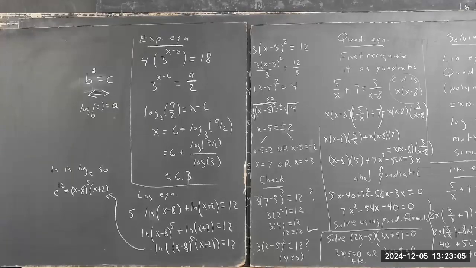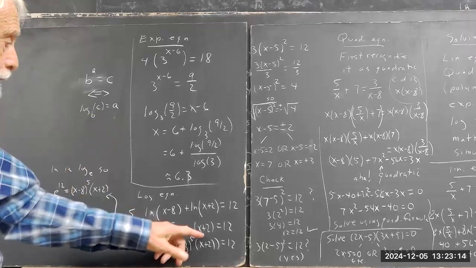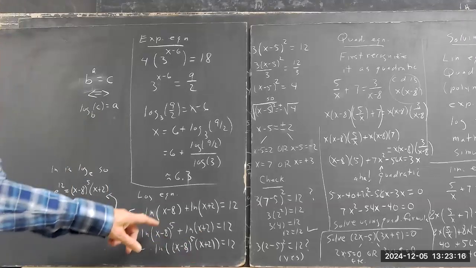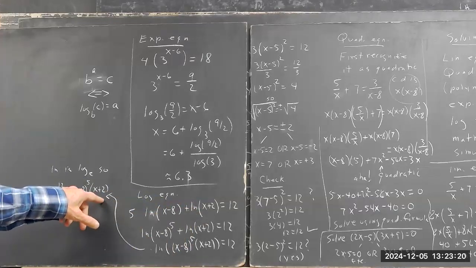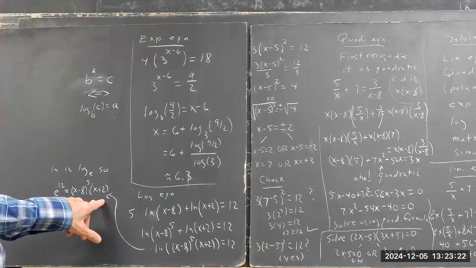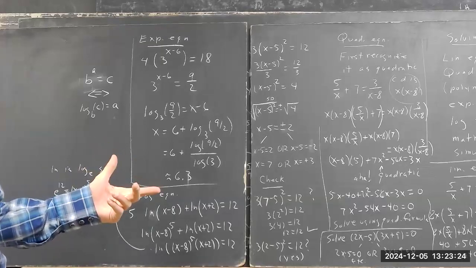Now this is a 6th degree polynomial, and you're not going to be able to solve this. I'm demonstrating that you can combine these things. If this were just x minus 8 and x plus 2, it would have come out a quadratic, and you would have been able to solve it.